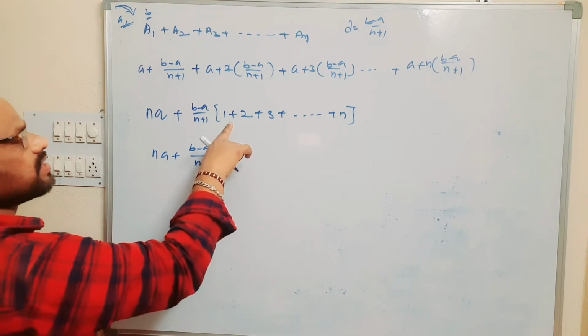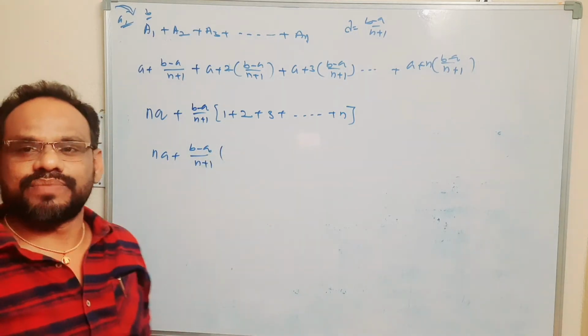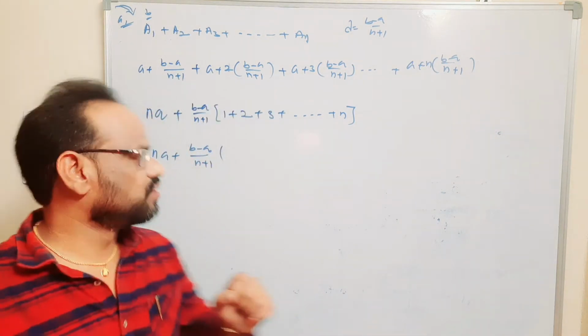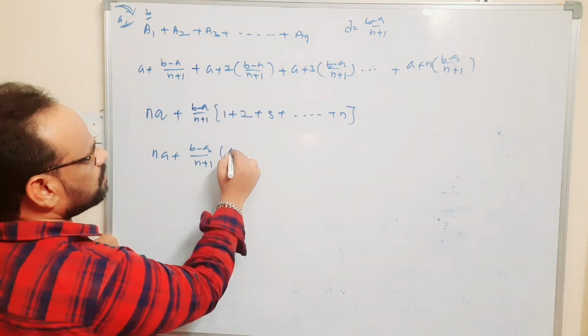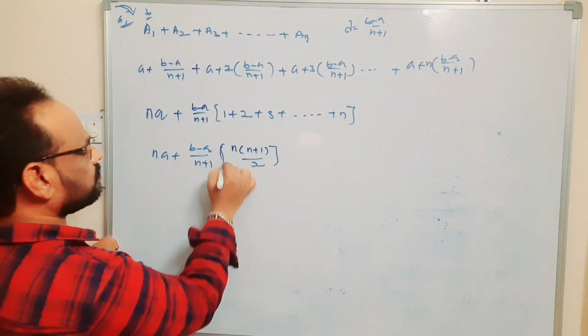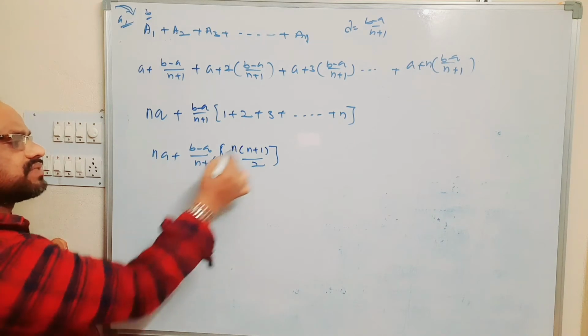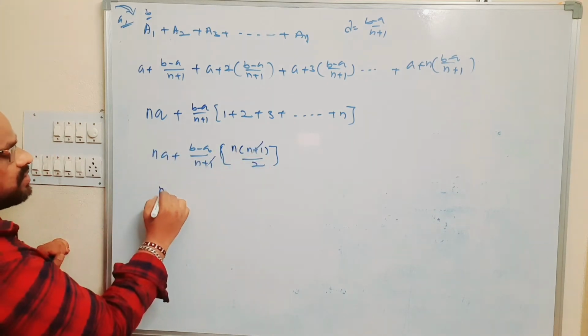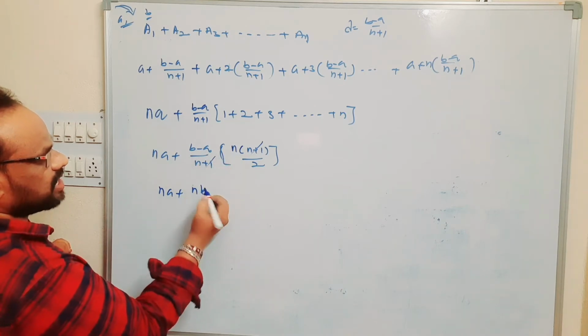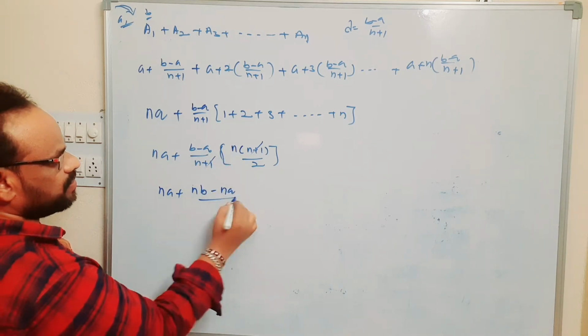Observe here, the sum of the first n natural numbers is nothing but n into (n plus 1) by 2. So that's why their sum is n into (n plus 1) by 2. So n plus 1 gets cancelled. So na plus n into (b minus a) by 2.